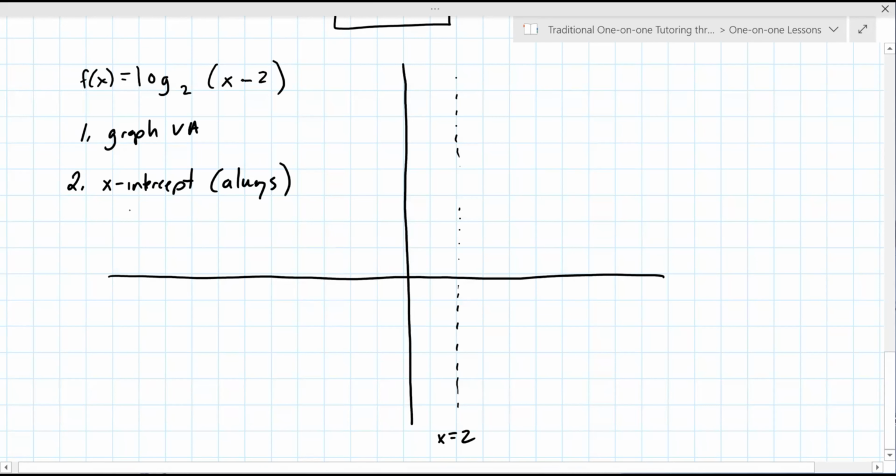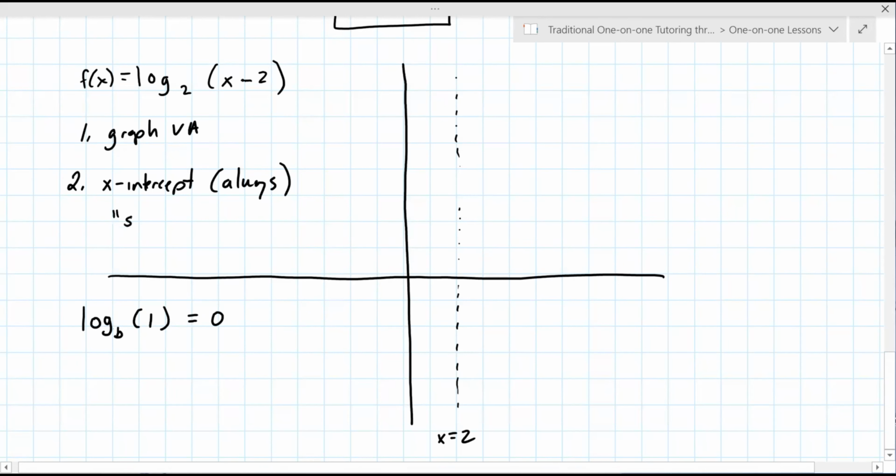So the x-intercept comes from remembering a property of logarithms. The property is log base b of 1 is always equal to 0. It doesn't matter what the base is, when the inside part equals 1, that's when you have an x-intercept.